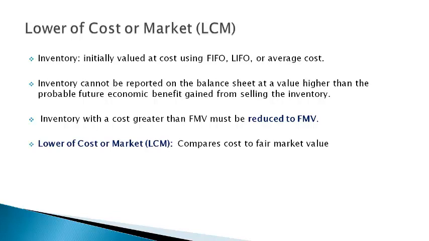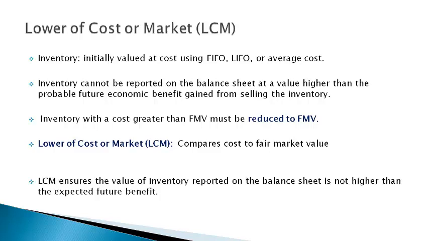This process of comparing cost to fair market value is referred to as the lower of cost or market method. Inventory is reported on the balance sheet at the lower of cost or fair market value, which is the expected future benefit. This method is used to ensure the value for inventory reported on the balance sheet is not higher than expected future benefit.